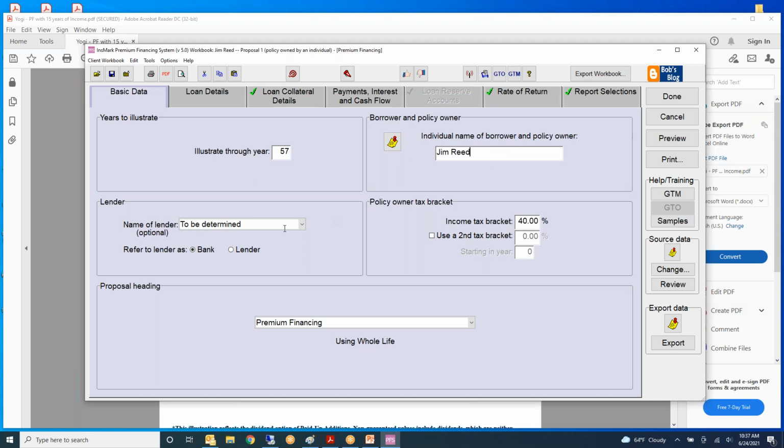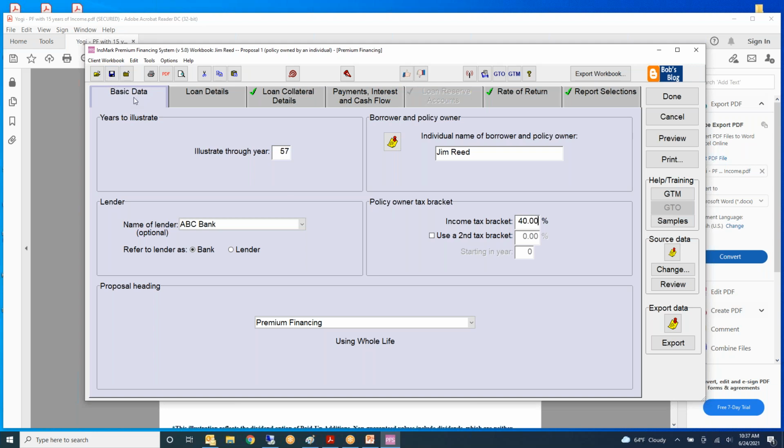The name of the lender, I just call this ABC Bank, okay? You could name your own bank's name. So I refer to it as a bank rather than a lender. This is just the name of the lender, okay? And the guy's tax bracket, I will use 40%, which is fine. He is in a high tax bracket, okay?